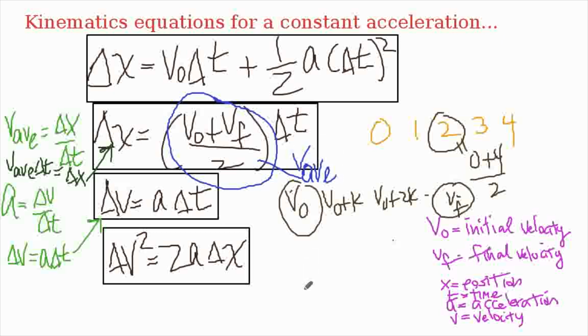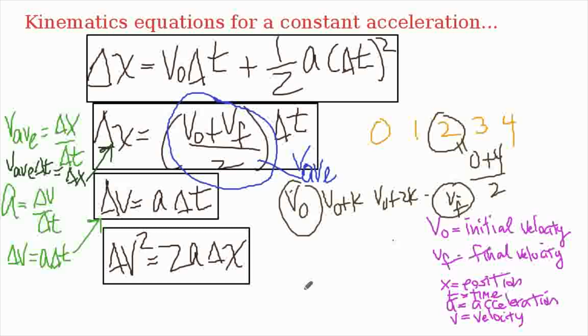So I've explained the second and third equations. I'll leave the first and fourth as an exercise, but let me just tell you that you can use the second and third to derive the first one by eliminating V final.